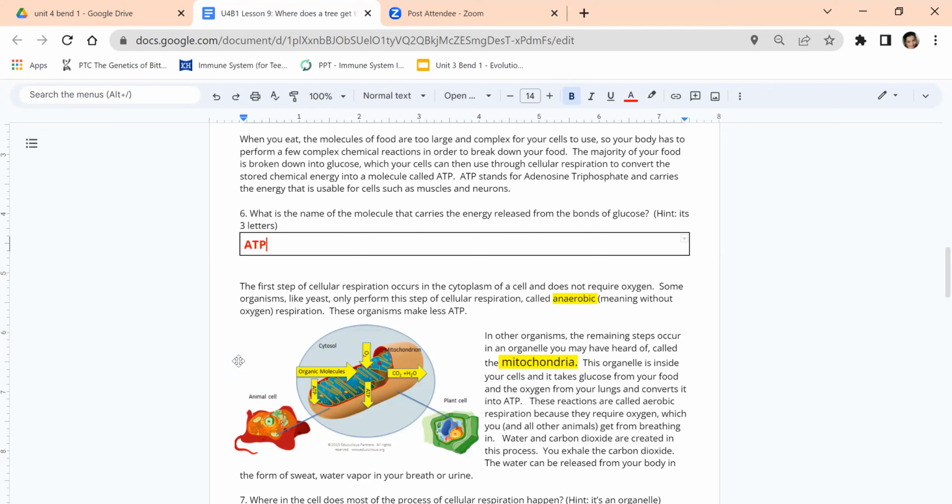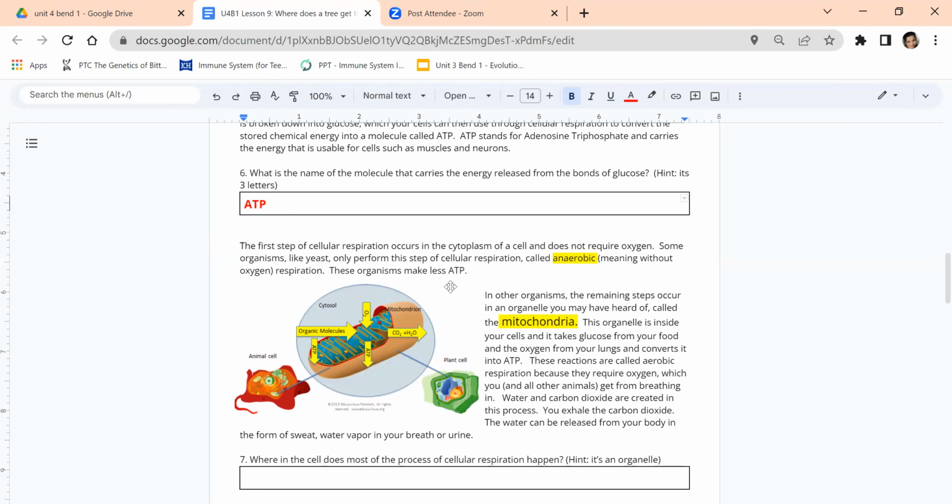That's why yeast are used in baking, because they can get energy through this anaerobic respiration. And yeast are living organisms, in case you're wondering. They do cellular respiration in an anaerobic state, so that means without oxygen.